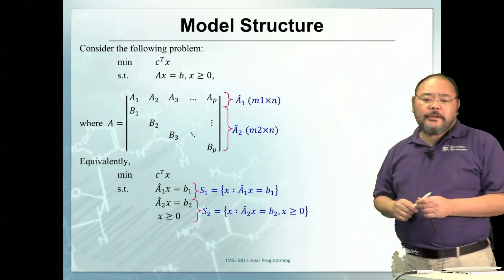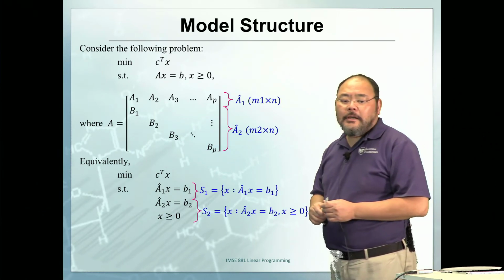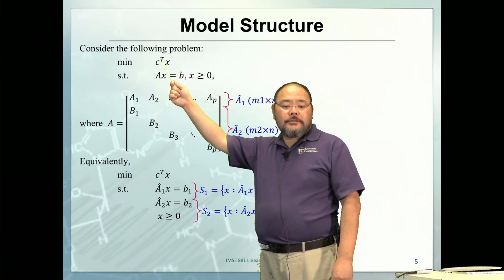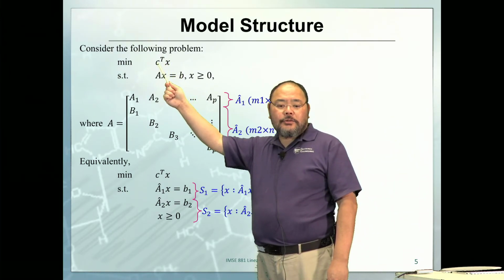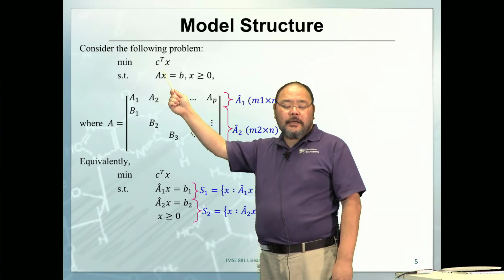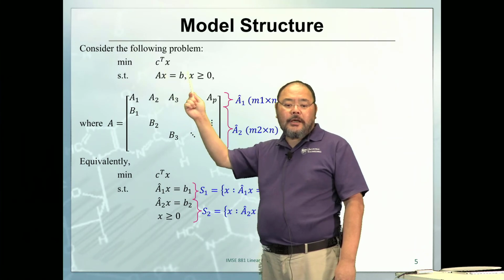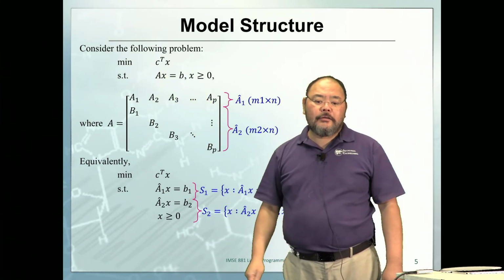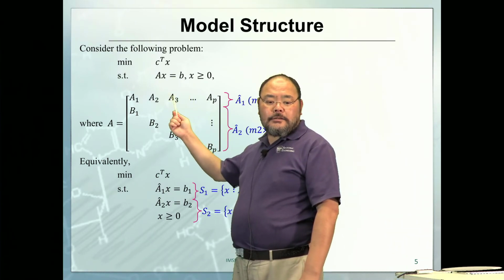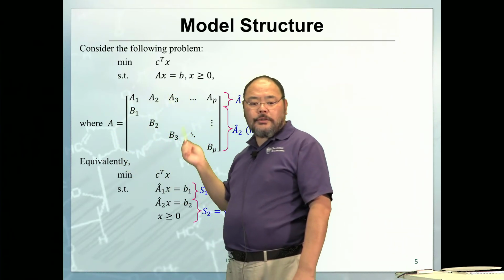Consider the following linear programming problem in standard form: minimize c transpose times x, subject to Ax equals b, and x non-negative. However, the constraint matrix A here has a very special structure.